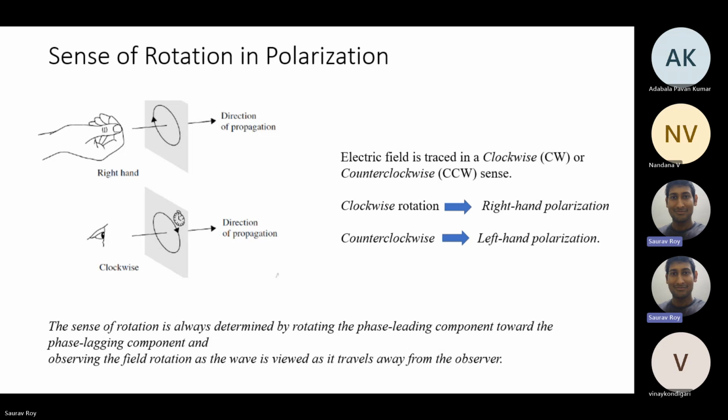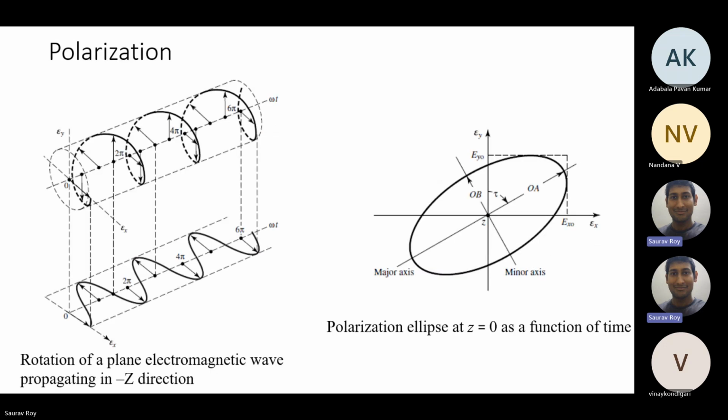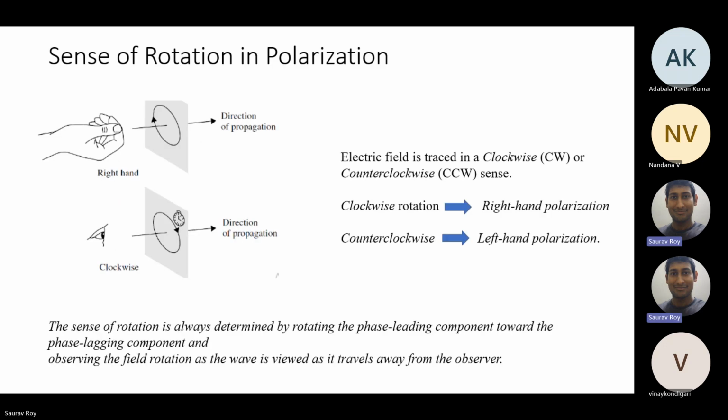We will be talking about the right side plot, the previous curve, and how it evolves over time. Now in this picture we see the person. If he looks in the direction of propagation, he sees that the wave is propagating in the clockwise direction.